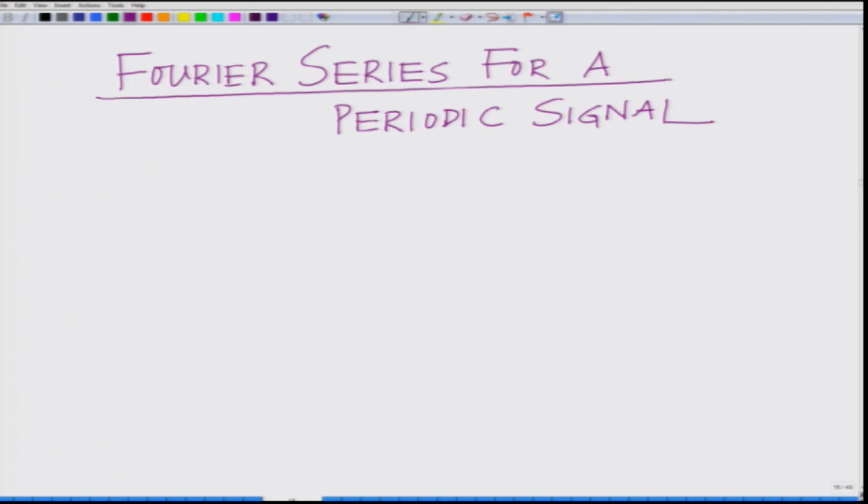Let us look at an example to illustrate how the Fourier series can be computed.